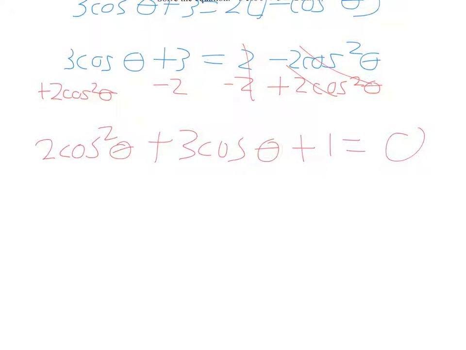So now, if we let a be equal to cosine of theta, we have 2a squared plus 3a plus 1 gives you 0.